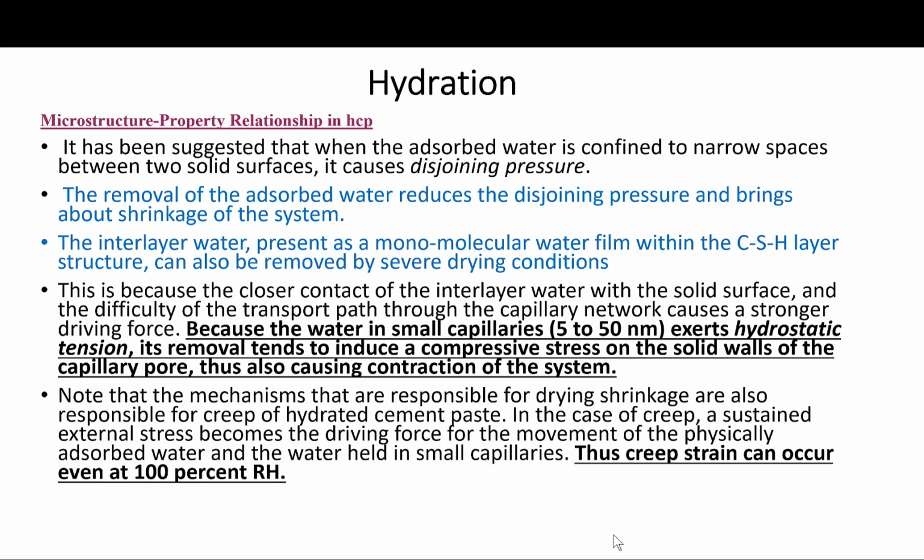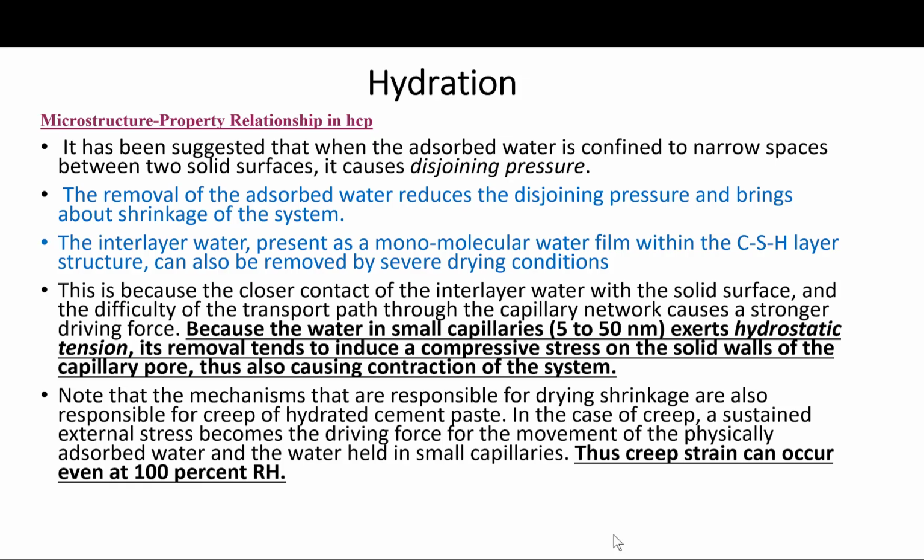You also have to note that the mechanisms that are responsible for drying shrinkage are also responsible for creep of the hydrated cement paste. In the case of creep, a sustained external stress becomes the driving force for the removal of the physically adsorbed water and the water held in small capillaries.